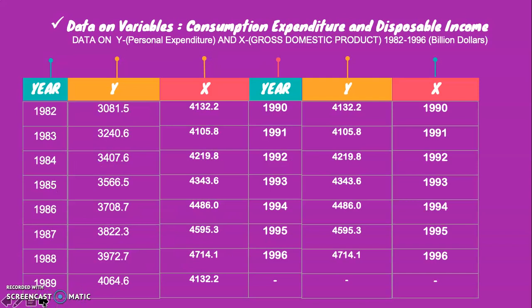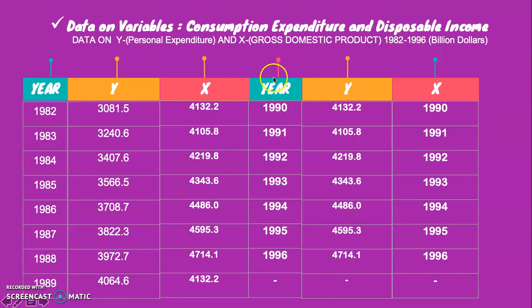The next step is to obtain data for the analysis, data of the variables. And remember that we are talking about consumption, expenditure, and income. This data is the personal expenditure of the people living in USA from 1982 to 1996.